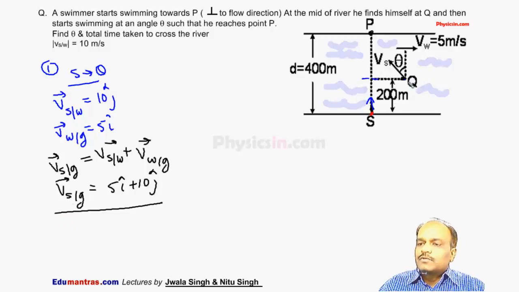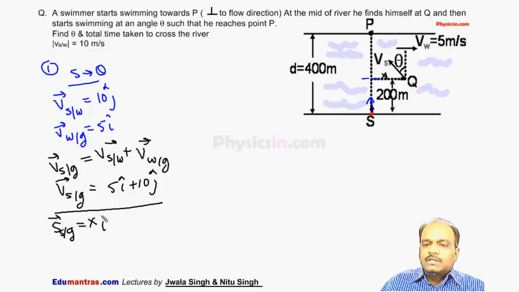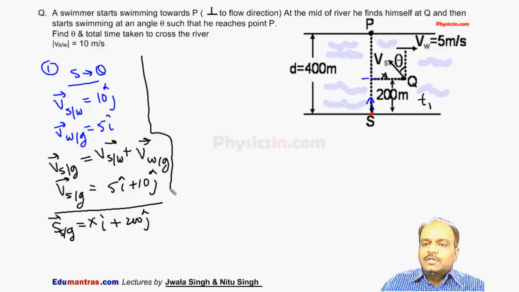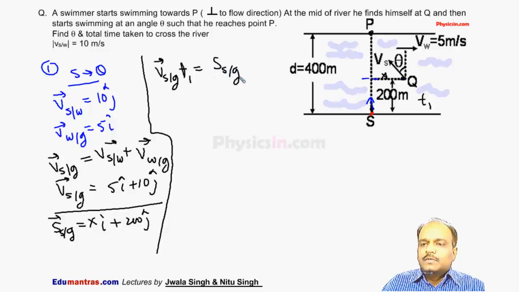Now the displacement of the swimmer. Let the horizontal displacement be x i cap, but the vertical is 200 j cap. From here to here, the swimmer takes t1 time. So the velocity of the swimmer with respect to ground into t1 is the displacement of the swimmer with respect to ground.